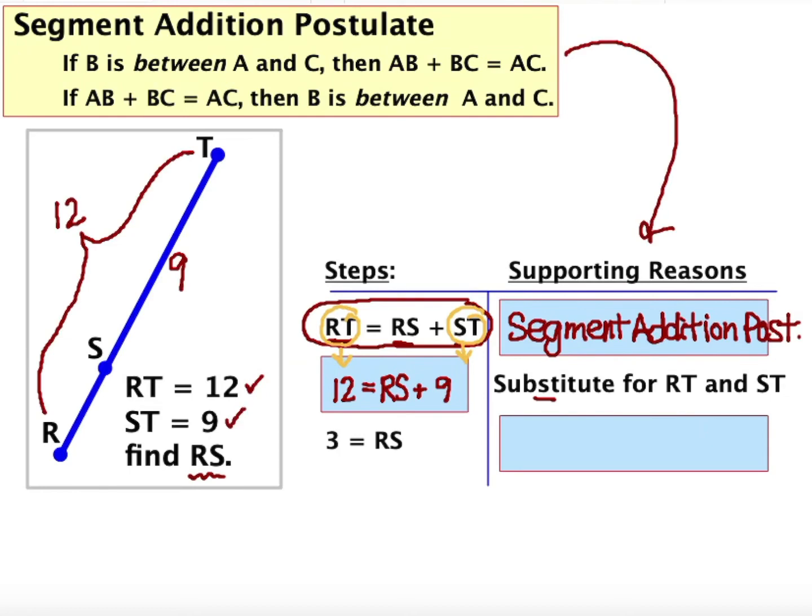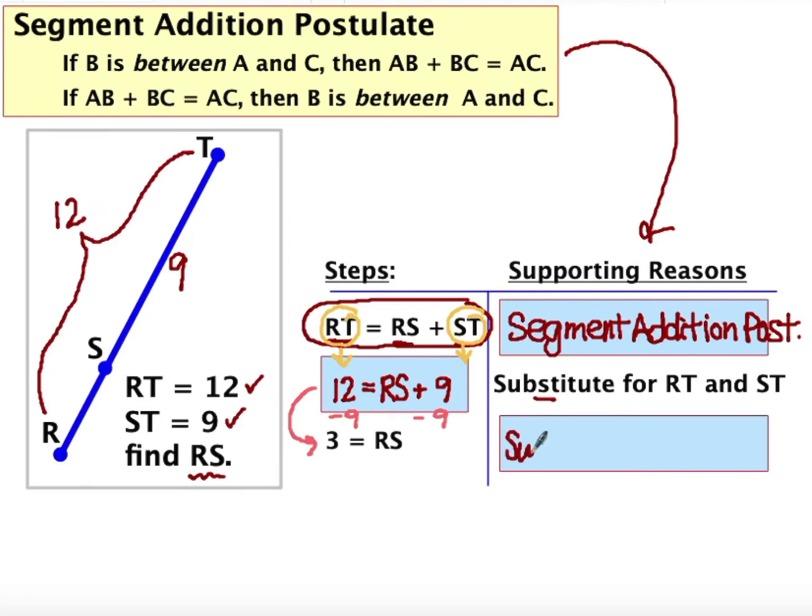Now, here's a tricky step. Can you see how we could make it from that equation to this equation? Should be a little bit of algebra, right? Do you see how this RS is all by itself now? What happened is we subtracted 9 from both sides of the equation. And there's a reason to back that up.